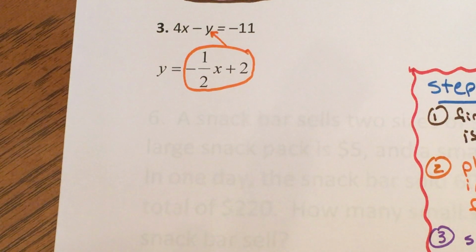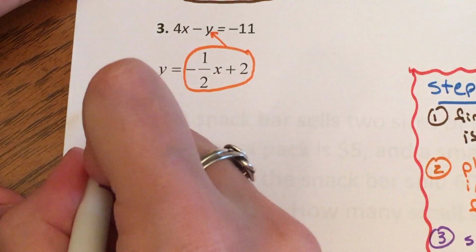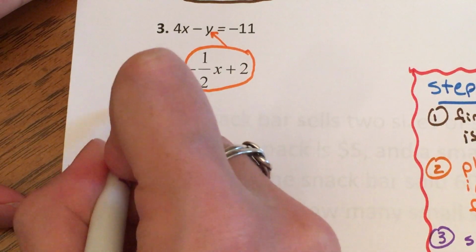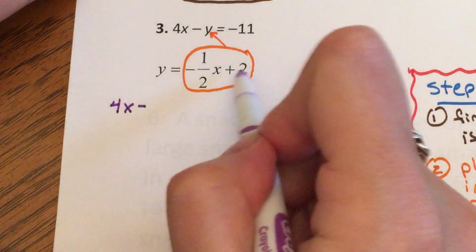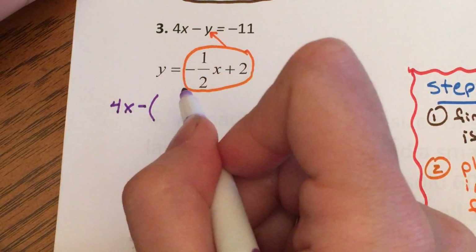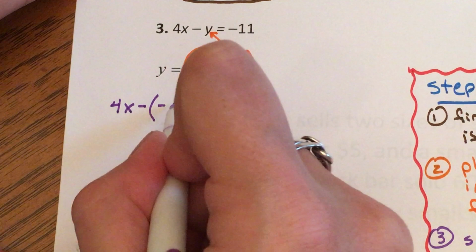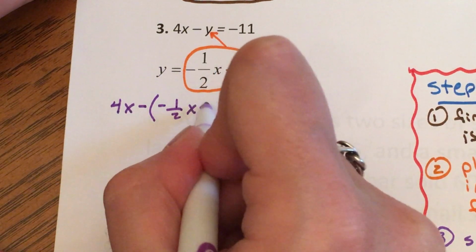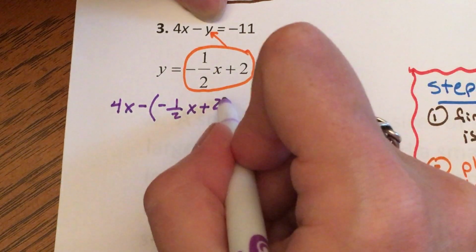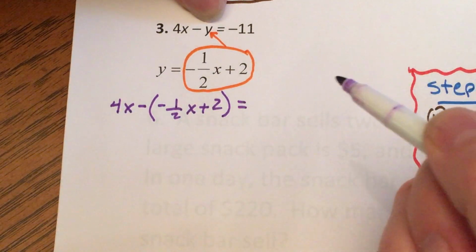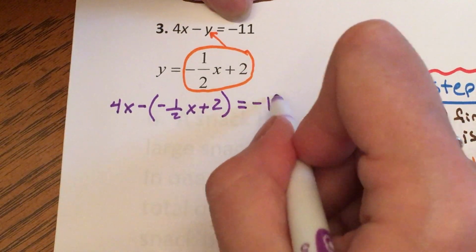Let's write that down. 4x minus, now there's a lot in here, so we have to use parentheses, (-1/2 x plus 2). So that is the y that just got replaced. Close your parentheses, equals -11.